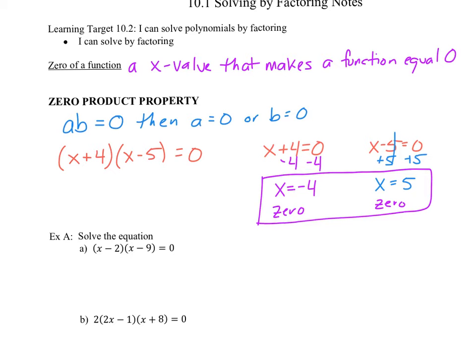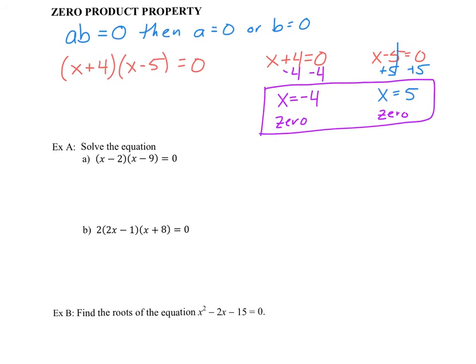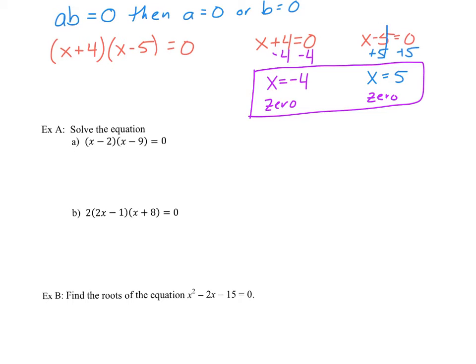Okay, so just to practice this a little bit, as they've already been factored, I take each part and I set it equal to 0. So I'm going to do x minus 2 equals 0 and x minus 9 equals 0. And I just solve for x. So I add 2 to each side.